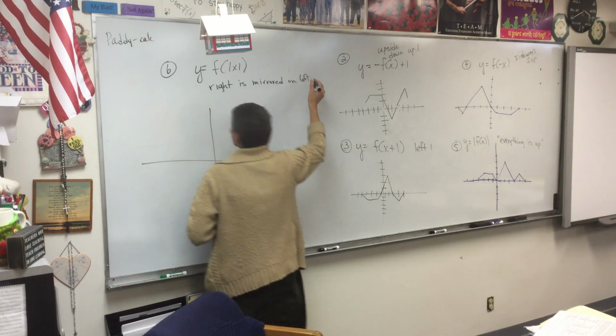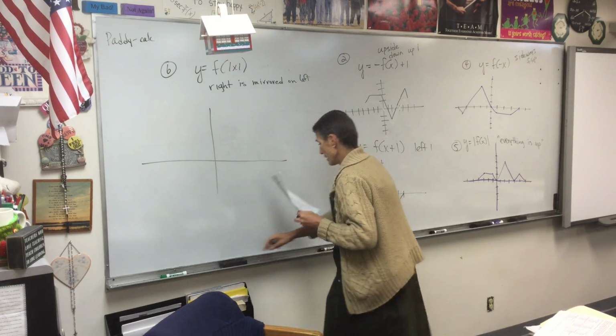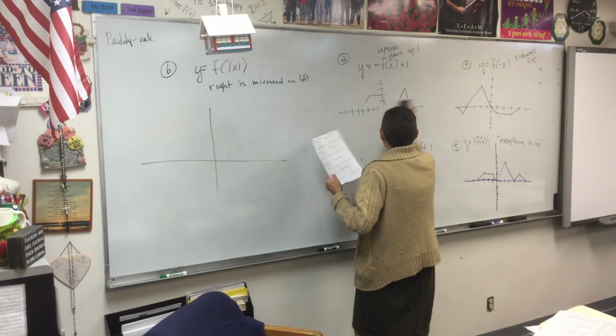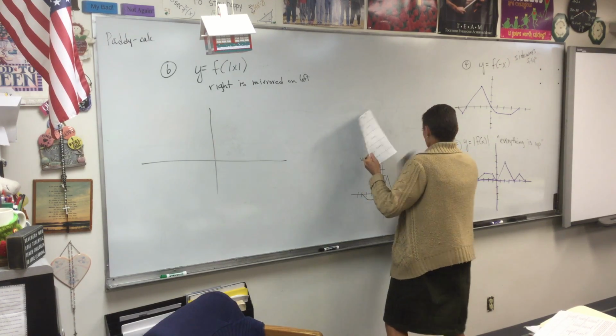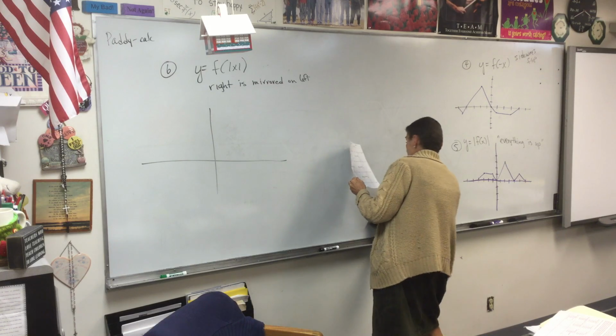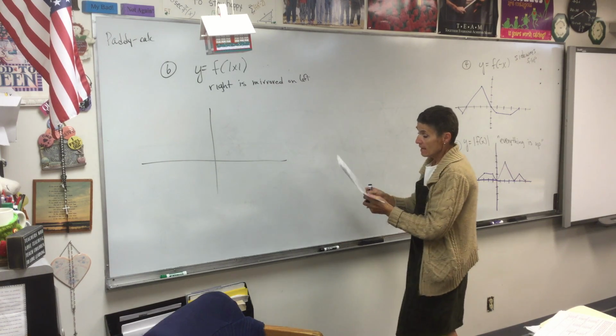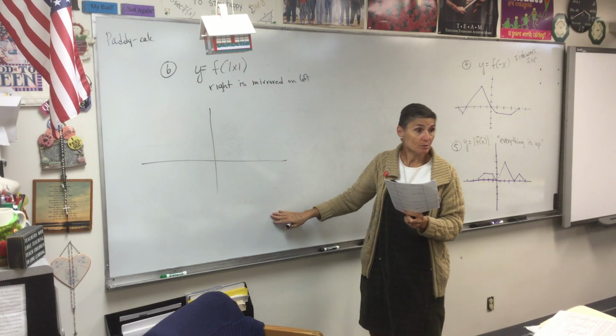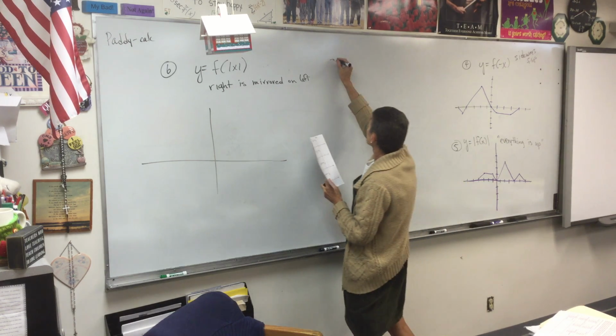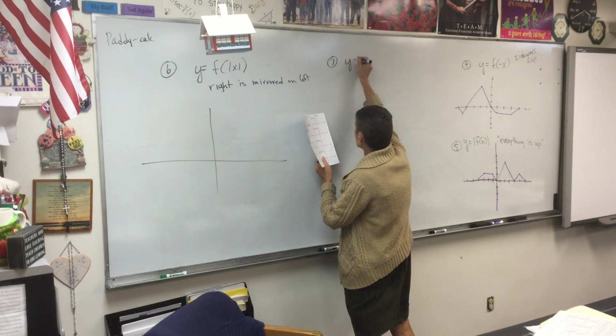All right, so we know what to do there. How about 7? Here, write down 1. So 7 is going to take 6 and drop it down 1 unit.